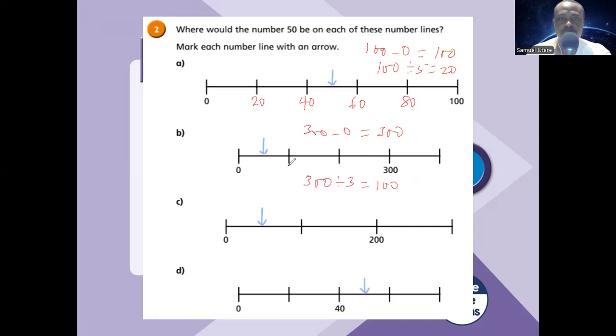Now, if we use that information to complete this number line, this should be 100, that should be 200. Now, halfway between 0 and 100 should be 50. And you can see it's in the correct position. Okay, you can mark your work for the other parts of the question.